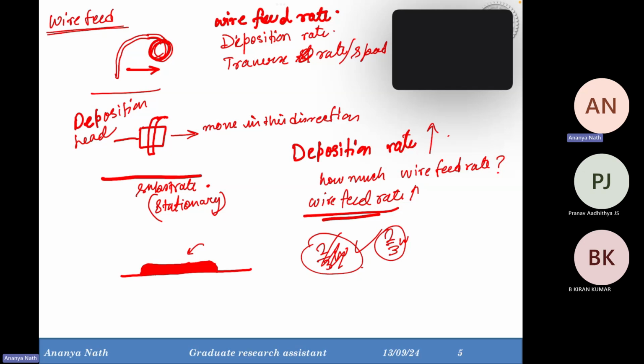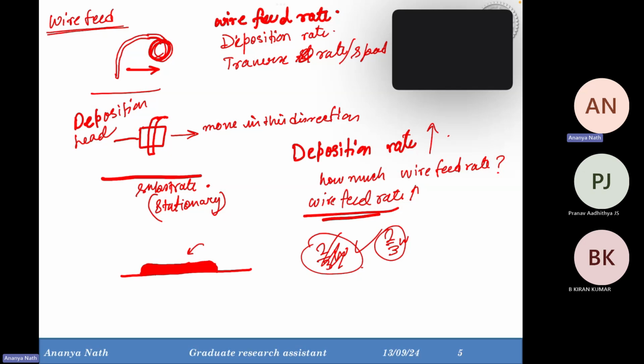If you are maintaining the optimal condition, then only you can get the flat surface after depositing multiple layers with a particular overlap. So that's why it's very important to get an optimal deposition rate rather than the highest deposition rate.